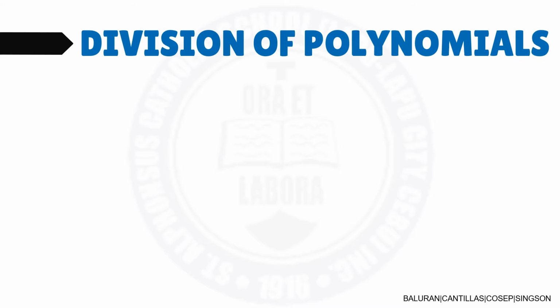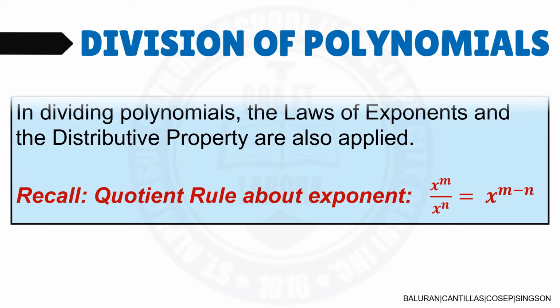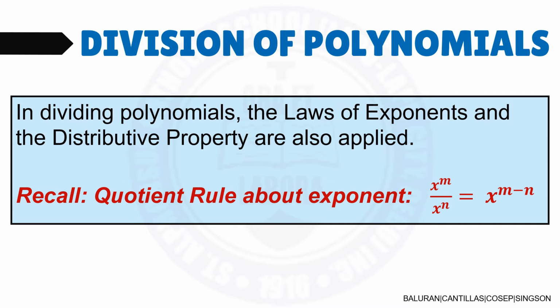Let's proceed to division of polynomials. In dividing polynomials, the laws of exponents and the distributive property are also applied. Let us now recall the quotient rule about exponent, wherein x raised to m over x raised to n is equal to x raised to m minus n.